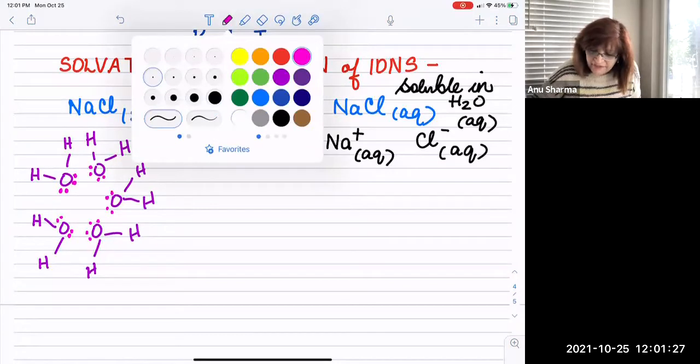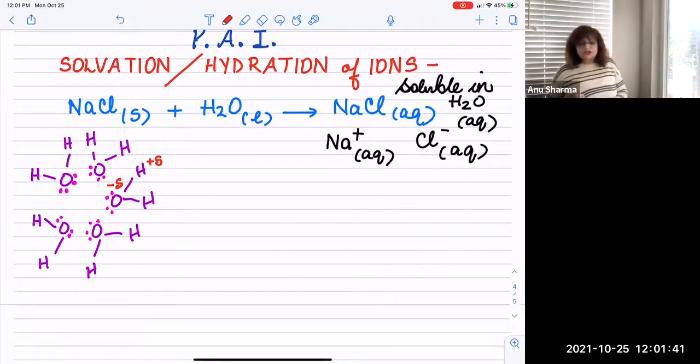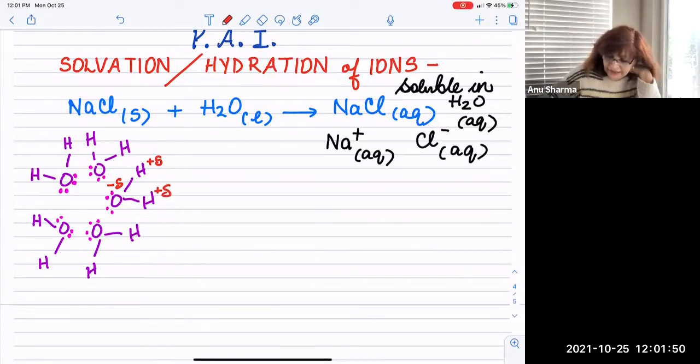Hydrogens are deficient in electrons. So every oxygen will have a negative charge, a delta negative, making a very polar bond, since oxygen is more electronegative. Hydrogen will have a deficiency of electrons, so hydrogen will have a delta positive, and oxygen has a delta negative.